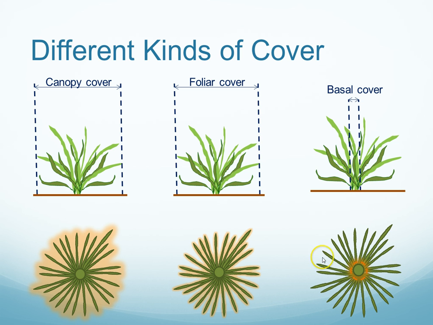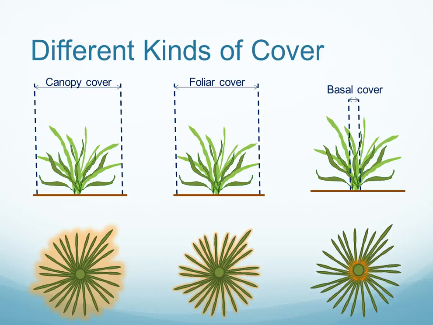And we can see in the top-down view as well that this orange line here defines the base of the plant. With herbaceous species, we usually define that we measure basal cover at 1 inch or 2.5 centimeters above the soil surface.